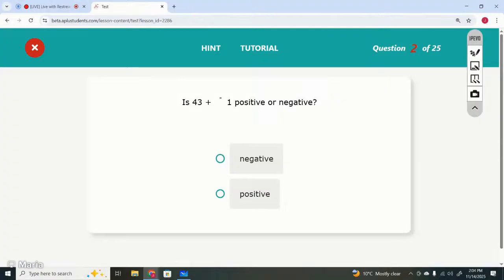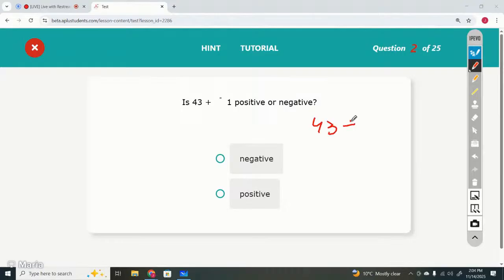Is 43 plus negative 1 positive or negative? So 1 is a smaller number and 43 is a positive number, right? So here we're subtracting a smaller number out of the greater one. So the answer must be positive. We can rewrite it like this. Adding a negative number is same as subtracting. It would be 43 minus 1.